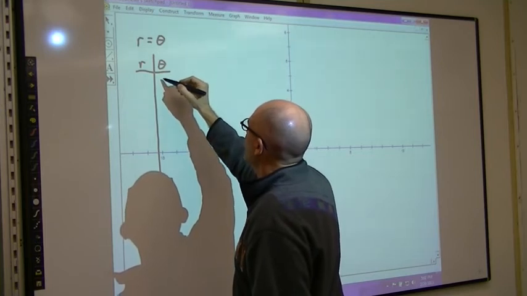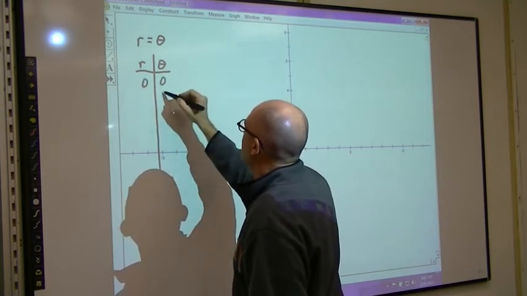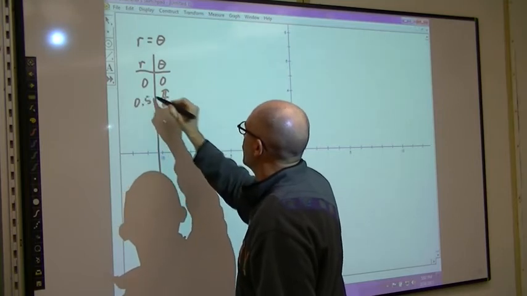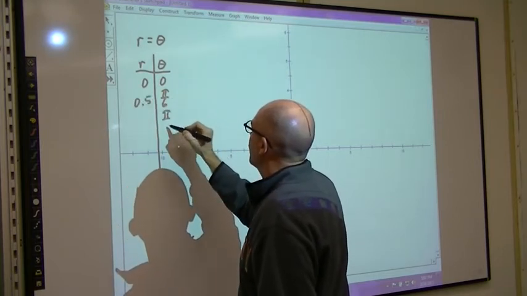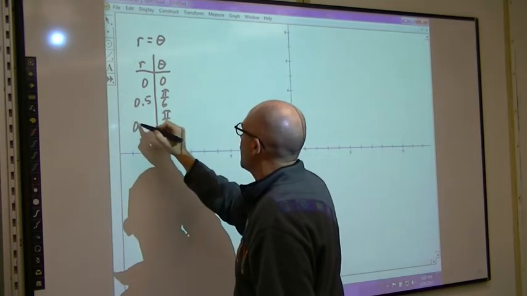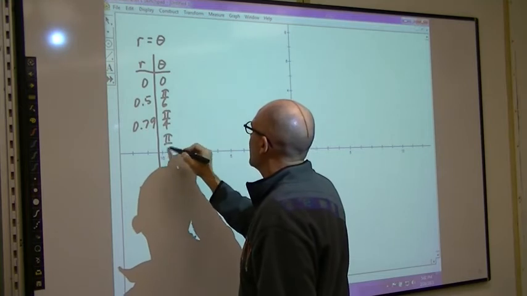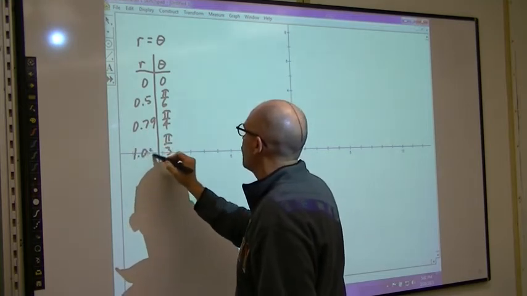So when theta is 0, r is 0. When theta is pi over 6, r is about 0.52. When theta is pi over 4, r is about 0.79. When theta is pi over 3, r is 1.05.